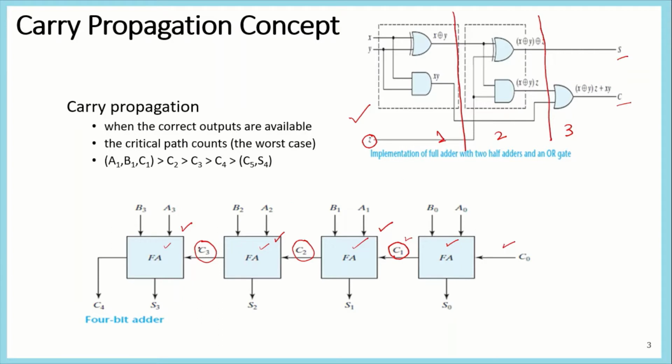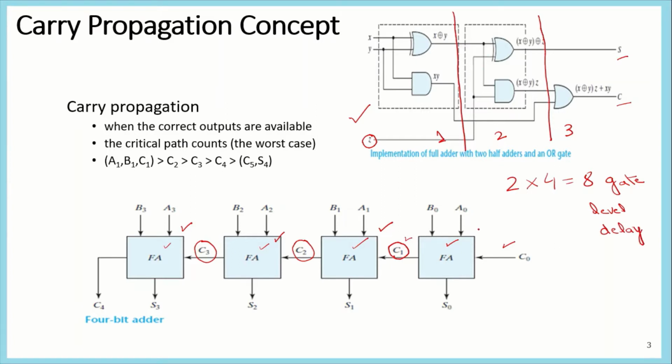Similarly, from here to here, we again have to wait for 2 levels of delay, 1 level here and 1 level here. Similarly 2 levels here, and the same for the last one, which also requires 2 unit delay. So for the whole circuit, for the carry only, we require 2 times 4, which is equal to 8 gate level delay.